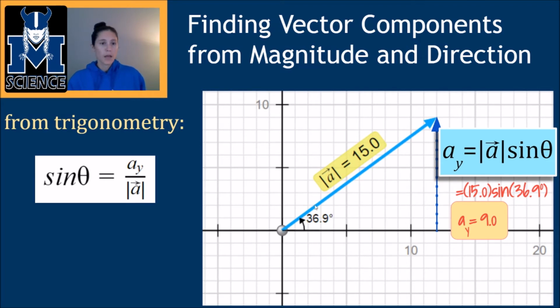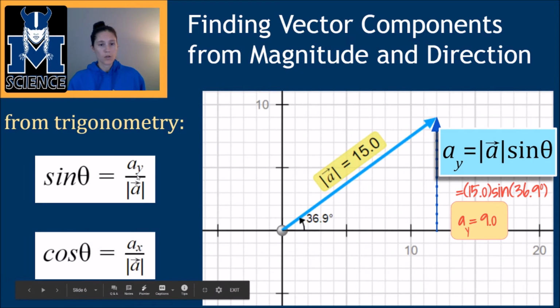And similarly, we know from trigonometry that the cosine of an angle is the adjacent over the hypotenuse. So in this case, the adjacent side of this triangle would be the x component of this vector, so Ax divided by the magnitude of this A vector.